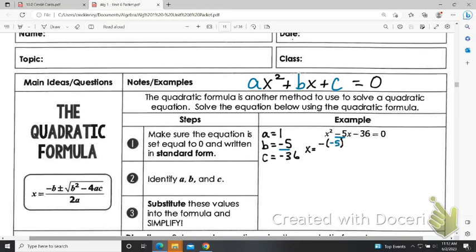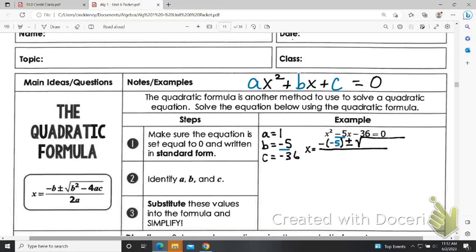And so it's -5. The negative on the outside is part of the formula. Plus or minus could be positive or negative. We'll deal with that. That's what that means, though. And then big square root sign, again, part of the formula.